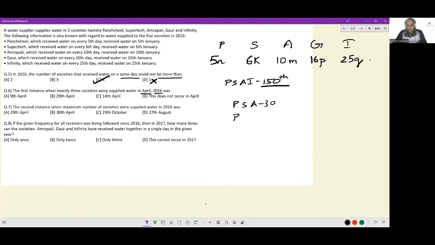Let's look at PSG. So you have 16 into 3 into 5, 240. On every 240th day, they will get it. 16 into 3 is 48, 48 into 5 is 240. Okay. Then PSI. 25 into 6, 150.